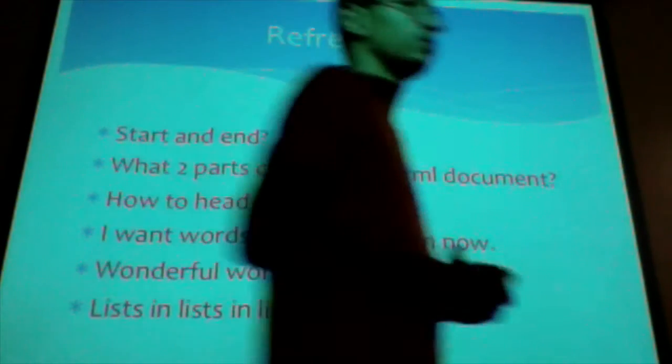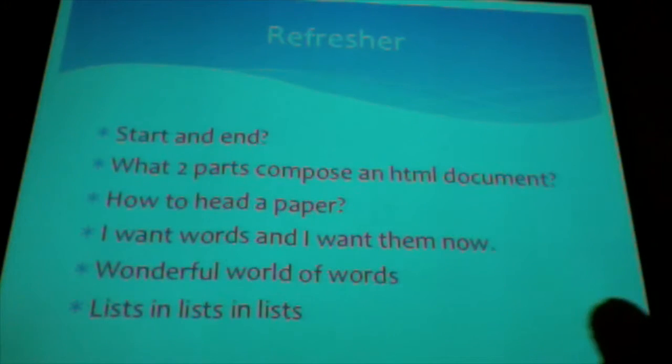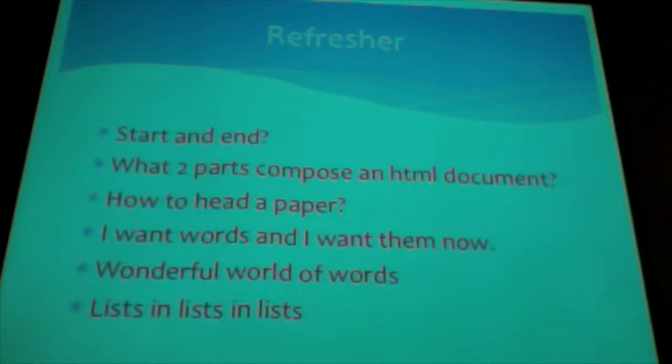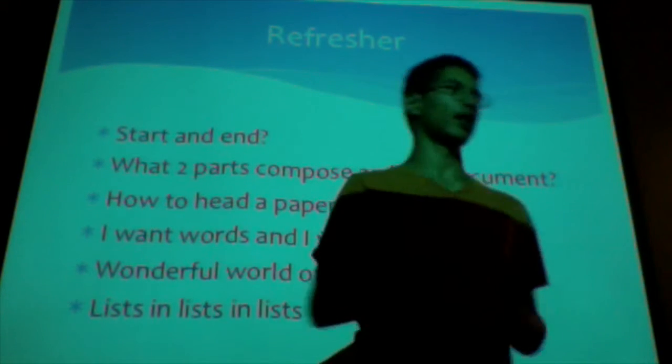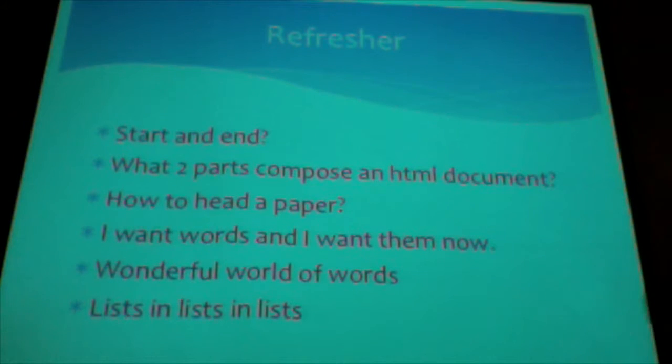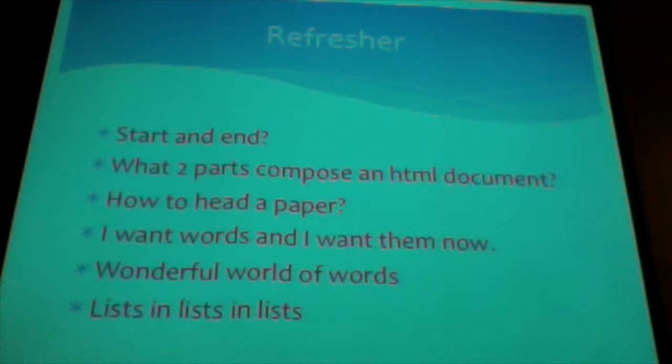What do you end it with? Well, you end the list with bracket /LI and then bracket /OL. There we go. Don't forget the slash. You just said OL. That would just start another ordered list within the ordered list, which I'm not sure what that would look like, actually. Try that out on your own free time. That might be cool.